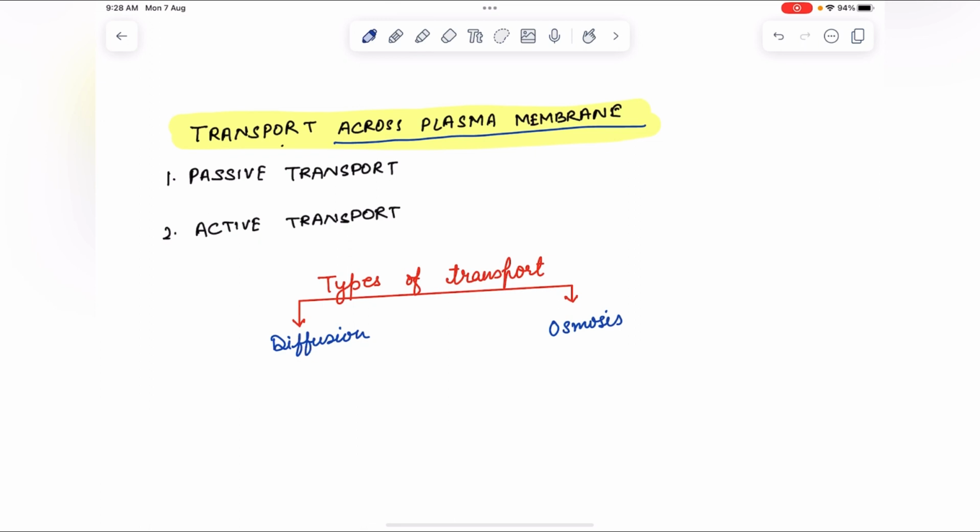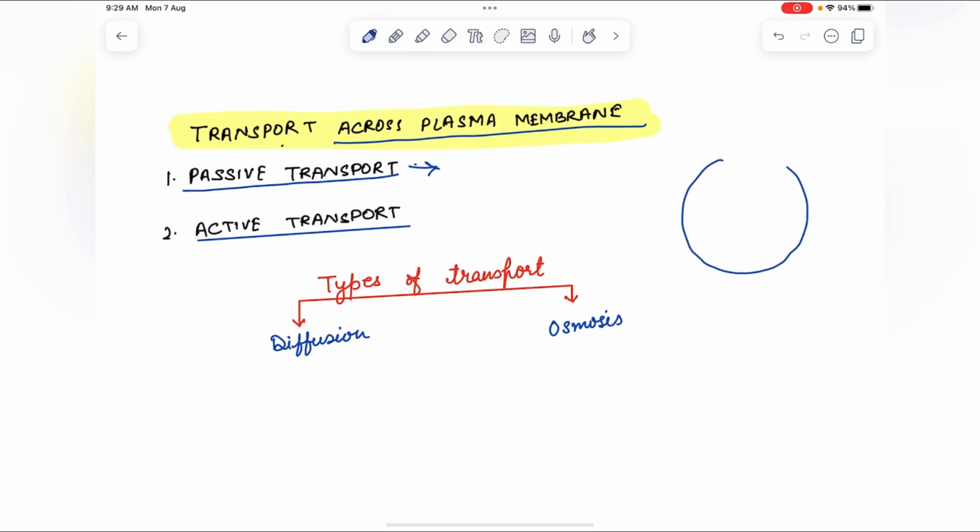across the plasma membrane. There are two types of transportation: passive transportation and active transportation.